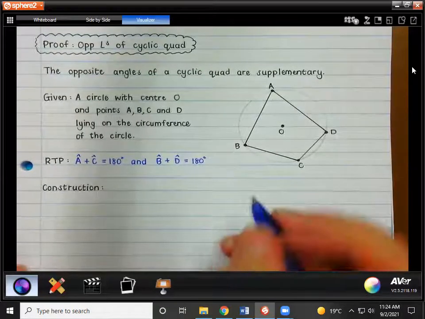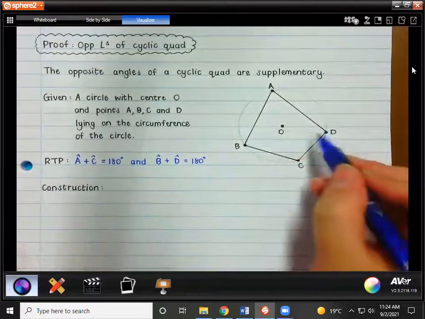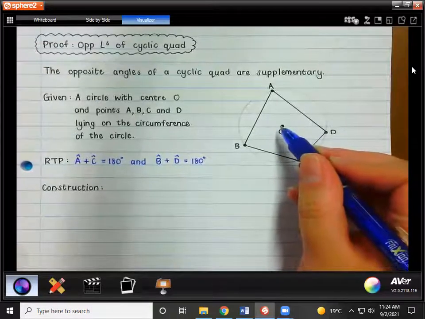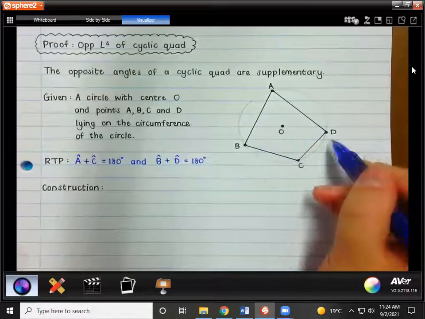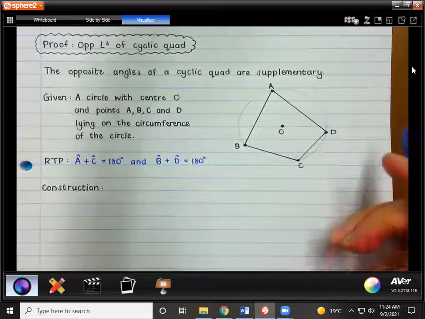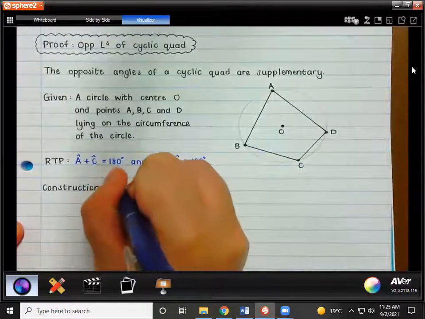Now for the construction, just like with the previous ones, we're actually going to draw in two radii, all right? And the radii that we're going to draw in, we're going to do so that we can use angle at center. That's basically what this whole proof is going to revolve around. So we're going to draw BO and DO.